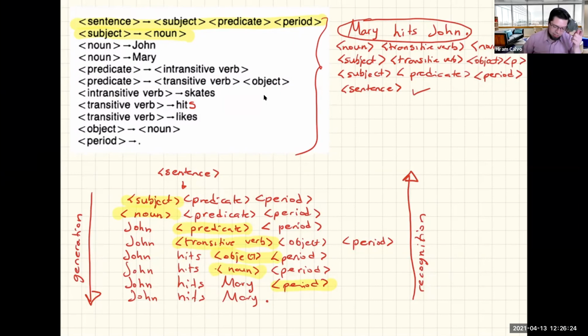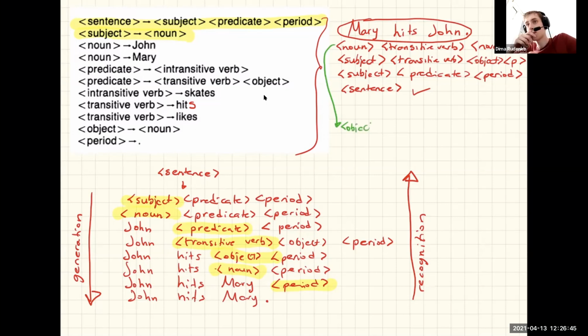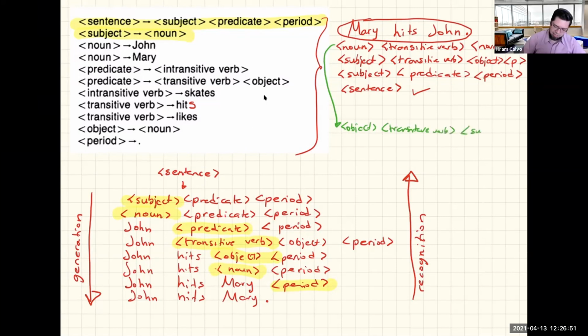Yes, good question, because in this case, we know that we need a subject here and that we need the object afterwards. If for some reason, because what you are saying is, let me change color, you are saying here, when we have noun, transitive verb, noun, why not I say this is an object, and then transitive verb, and then subject, and then period, right?